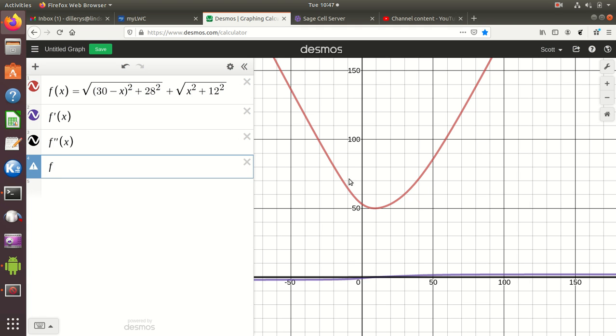Now, here I can obviously see everything's concave up and all that, but here I can do f double prime of 9 and get 0.069. It's positive, and so I can do it that way.